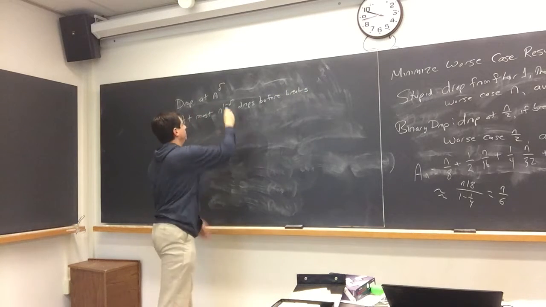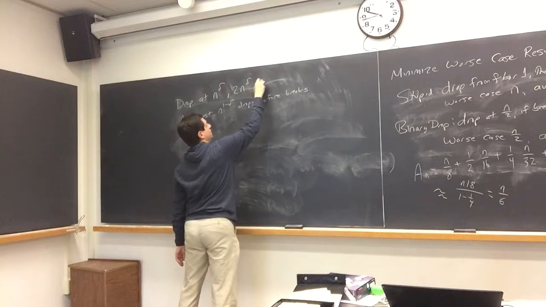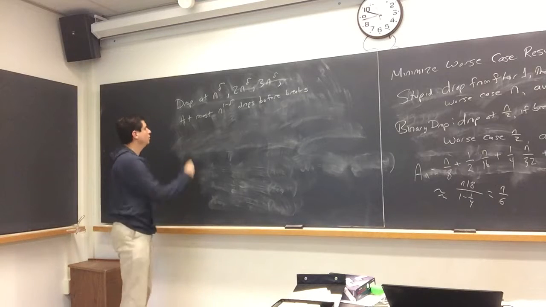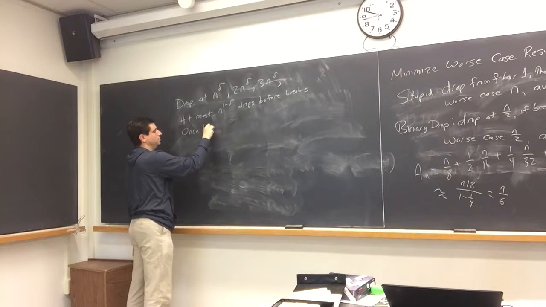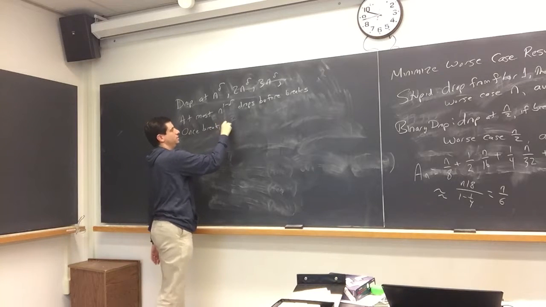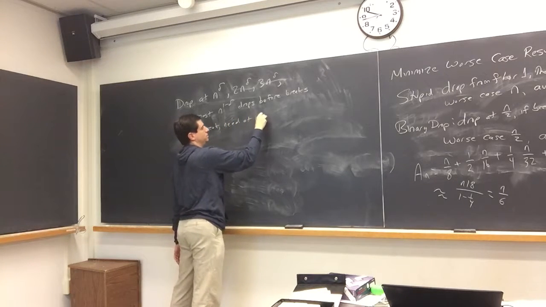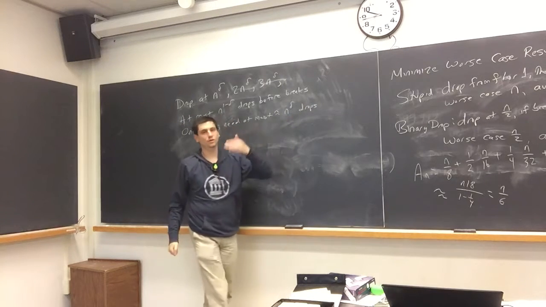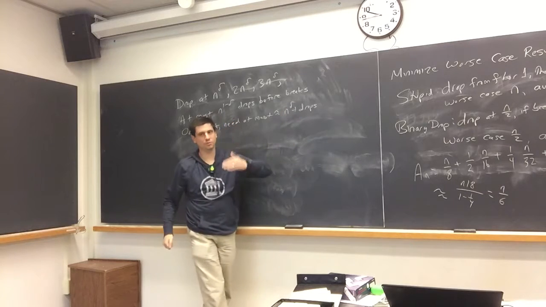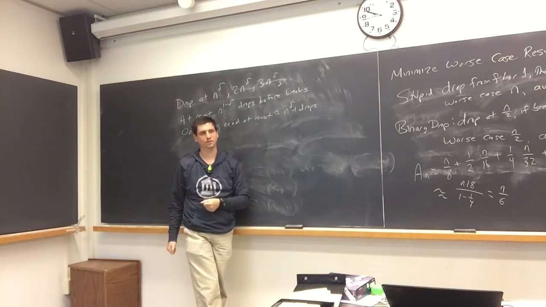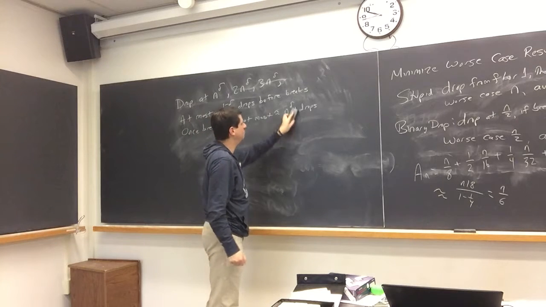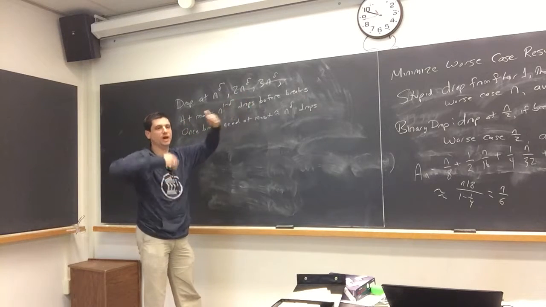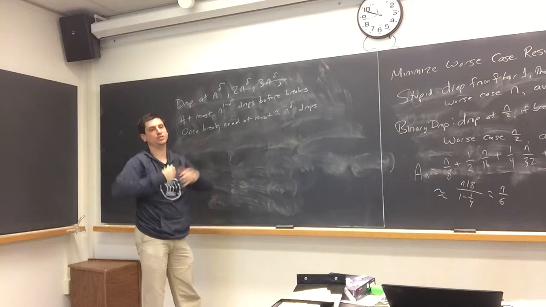We'll drop at n to the delta, then 2n to the delta, then 3n to the delta, and so on. Once it breaks, we need at most n to the delta drops. I'm not going to care if I'm off by a constant. Once it breaks, we know a range of size n to the delta, and we just have to try each single one.